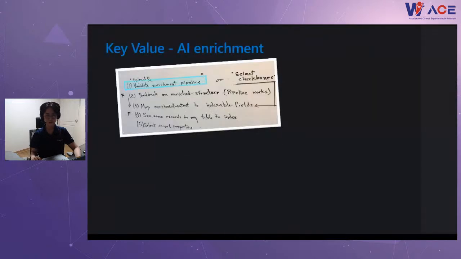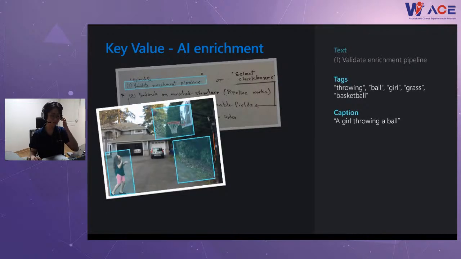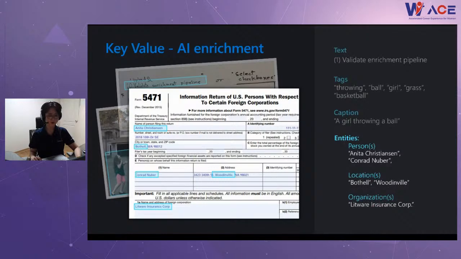But today, with the time limitation, I'm going to focus on AI enrichment. So how cognitive search extracts text from handwriting, how it detects objects in images, and how it extracts entity information from various types of forms.